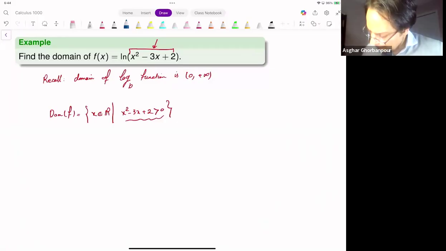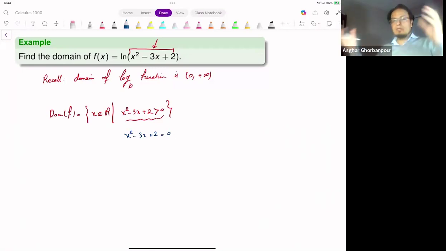And for that, you have to say, okay, now look, what we are aiming to find is where this polynomial is bigger than 0, or positive, yes?